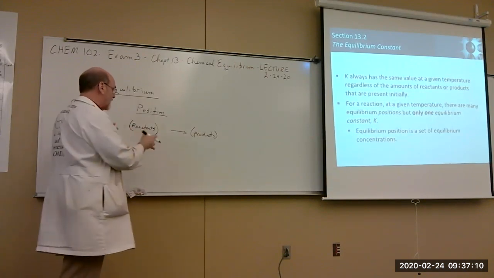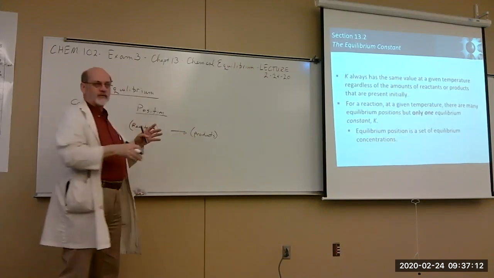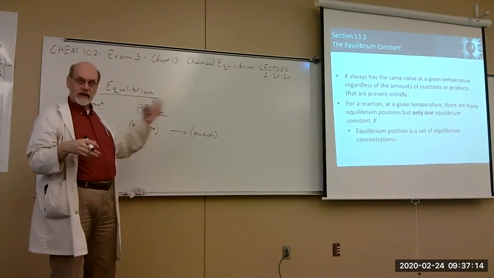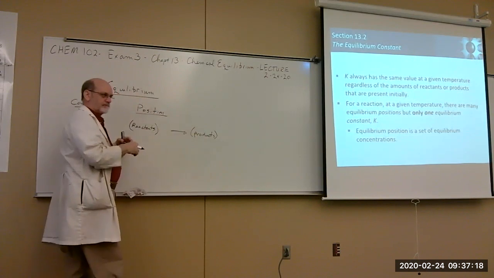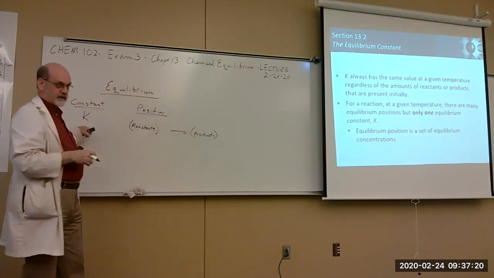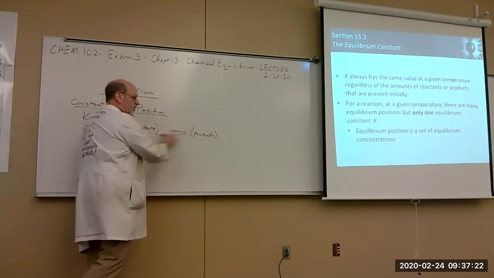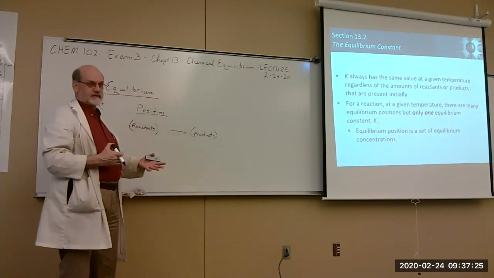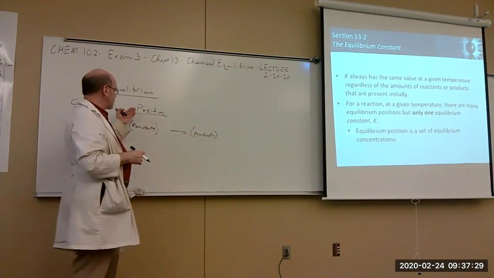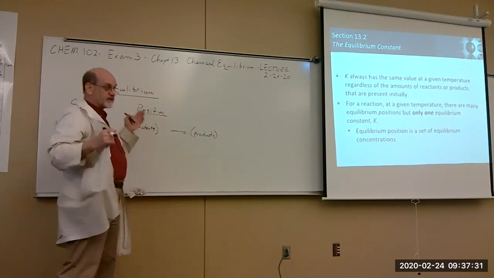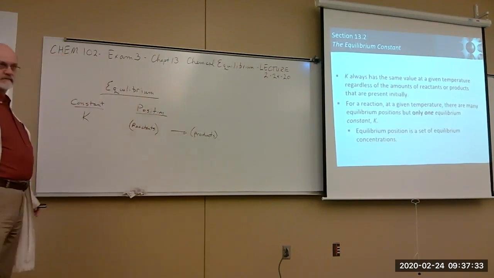Or if you're at equilibrium and you do something to disturb it, like we did earlier, like add water or add hydrogen, then the position changes. This is satisfied as a constant, but these concentrations may be different and still give you the same K. That's the equilibrium position, and the position can be anything.